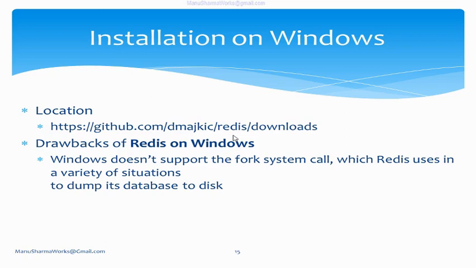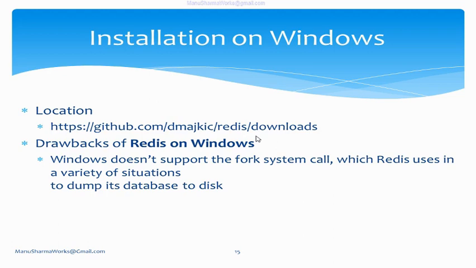And for installation on Windows, you can use this URL. There is a zip file. Once you download the zip file, it will have 2 folders, 32-bit and 64-bit. If your machine is 64-bit, use the 64-bit folder.